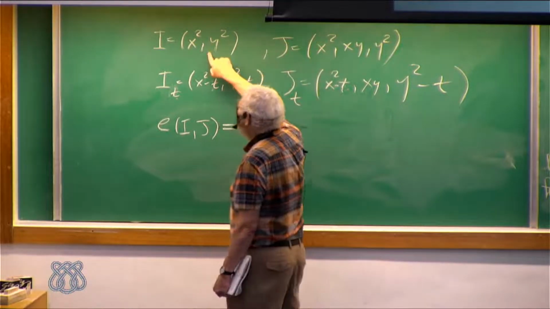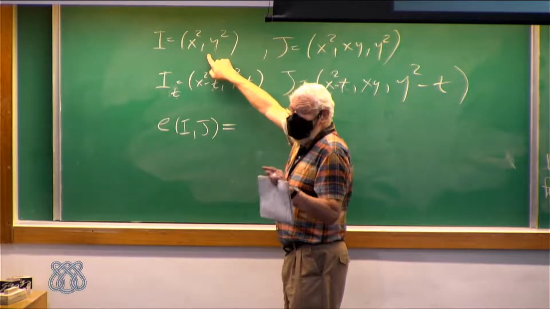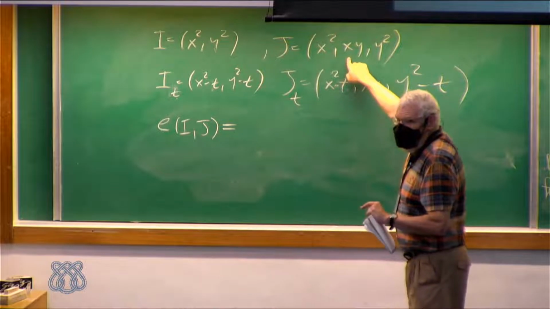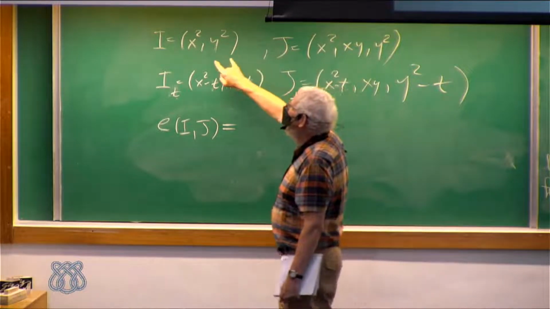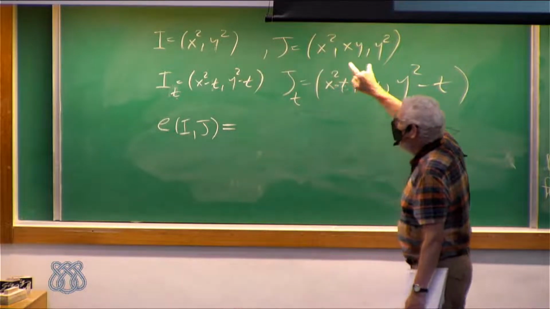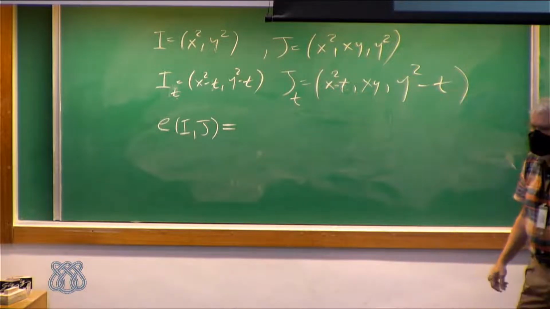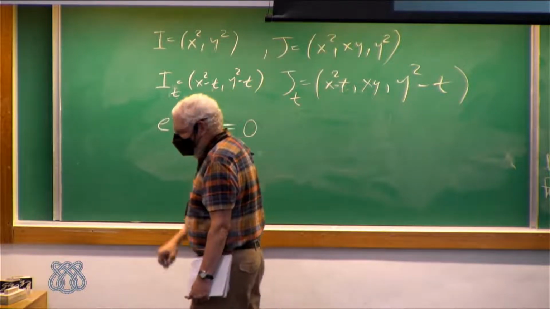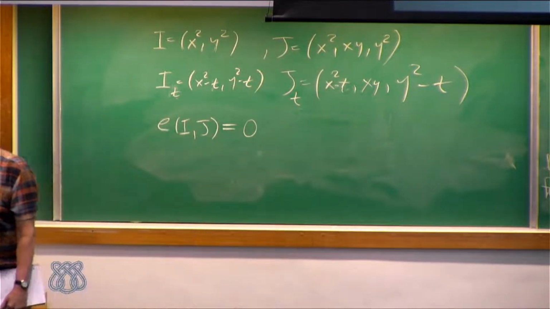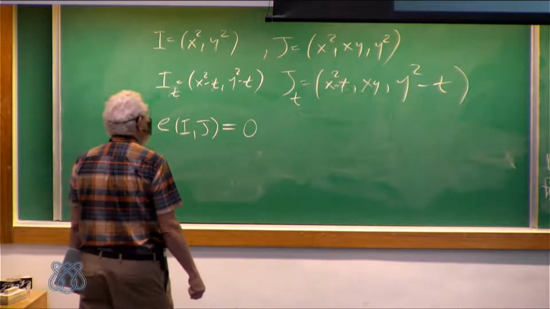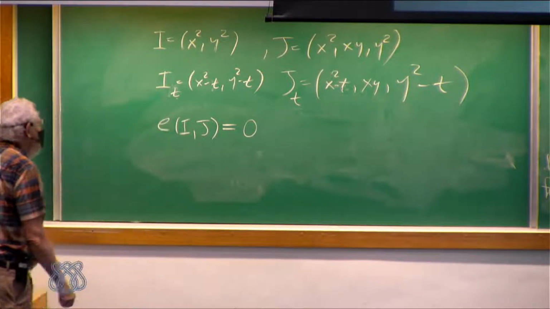The co-length of this is the multiplicity, but the co-length of this is not. So what we want to say is that x squared, y squared is a reduction of that, and therefore they must have the same multiplicities. And so e(I, J) is 0. So thank you for your answer, Matthias. That was useful. Okay, so this is 0.